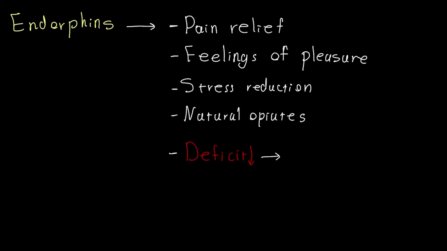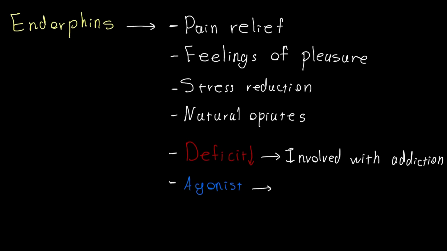A deficit of endorphins would be involved with addiction, possibly, because the person is taking a drug that is an agonist of endorphins, or in other words, a drug that does the same thing that endorphins do, so their body stops producing endorphins. That leads to a deficit of endorphins when the person stops taking the drug, and that's causing addiction. And then an agonist would be morphine, opiates, heroin.